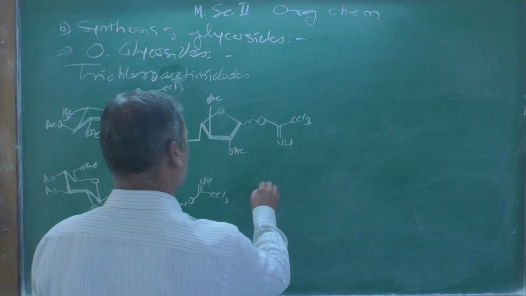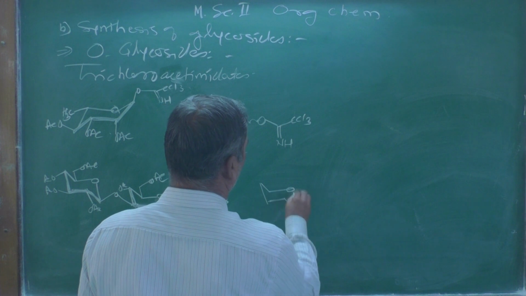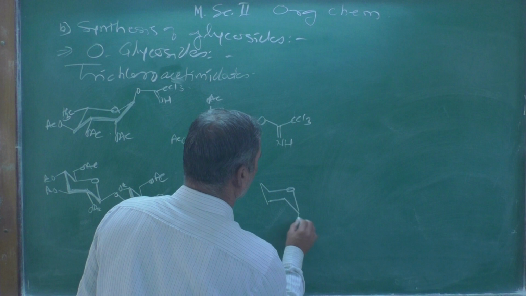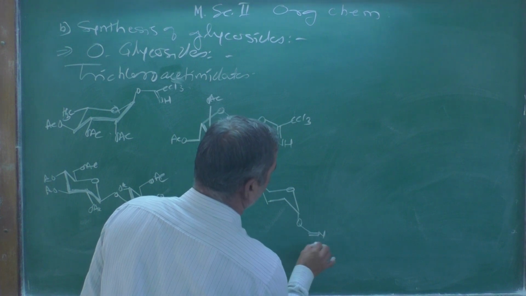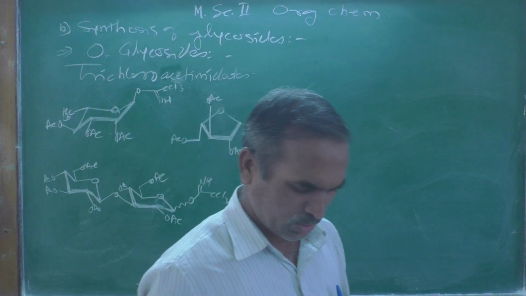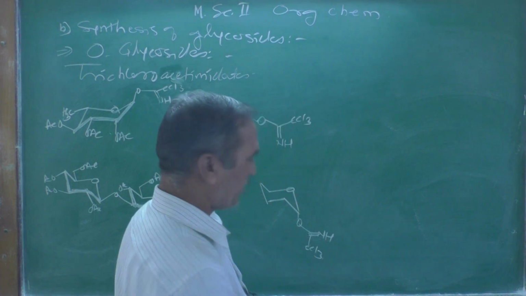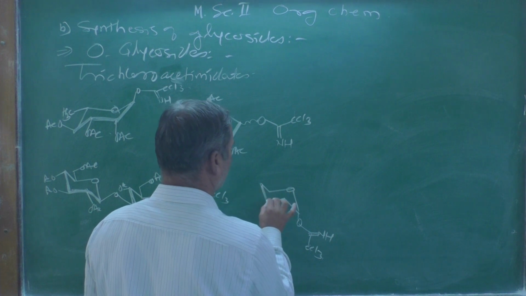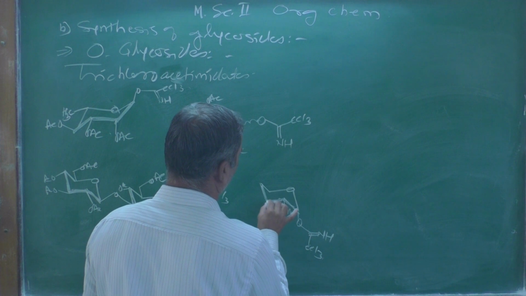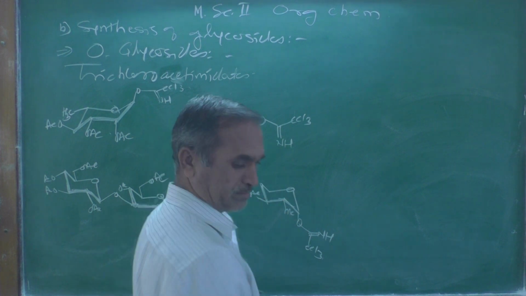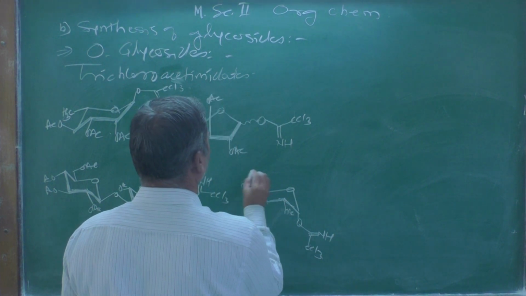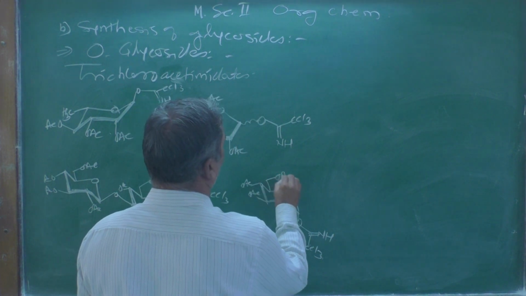I am going to show another one over here. This is the compound where at axial position there will be NHCCl3. All are trichloroacetimidates, and again this is a thick line, then here OAc, and again over here OAc, and here we can write OAc.